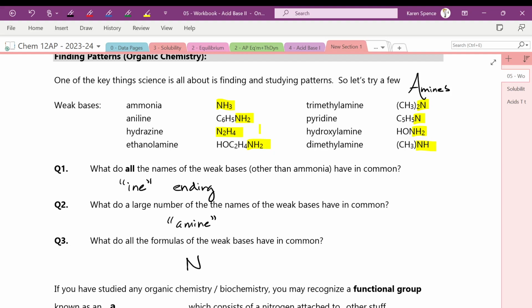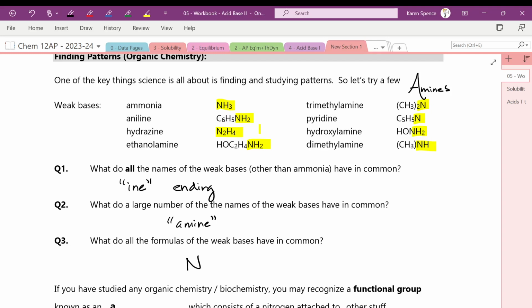Why are the amino acids acidic? Because they have a carboxylic acid group on them as well. They have an amine group and a carboxylic acid group, hence amino acids. So there's an NH something somewhere, and there's a COOH somewhere. So it's kind of both. It's both.